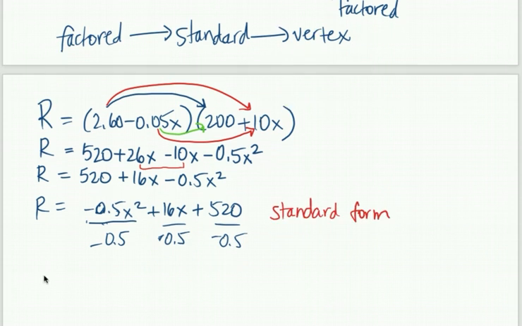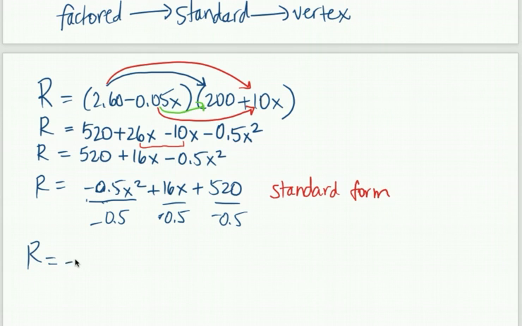Okay, so 16 divided by 0.5 is like multiplying it by 2, so negative 32x. And then negative 1040.